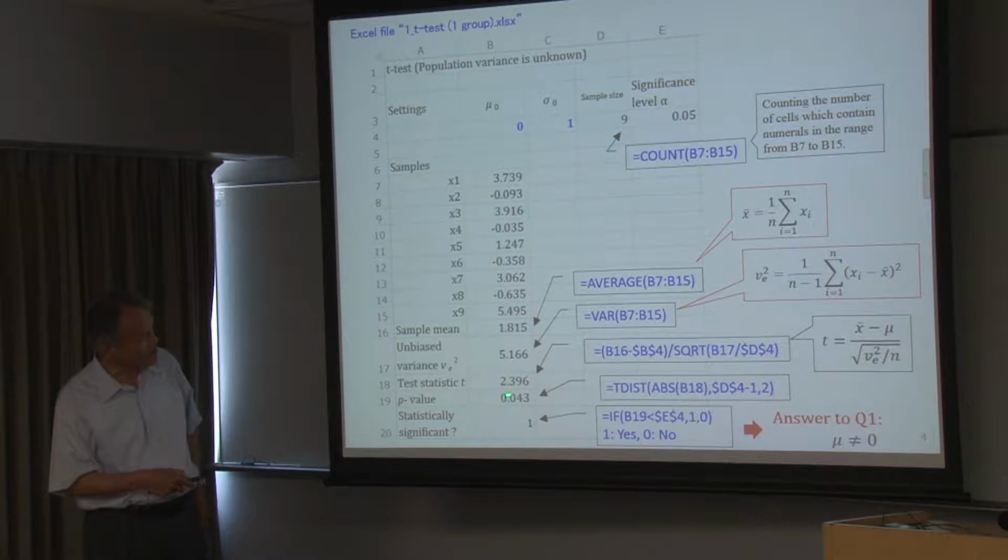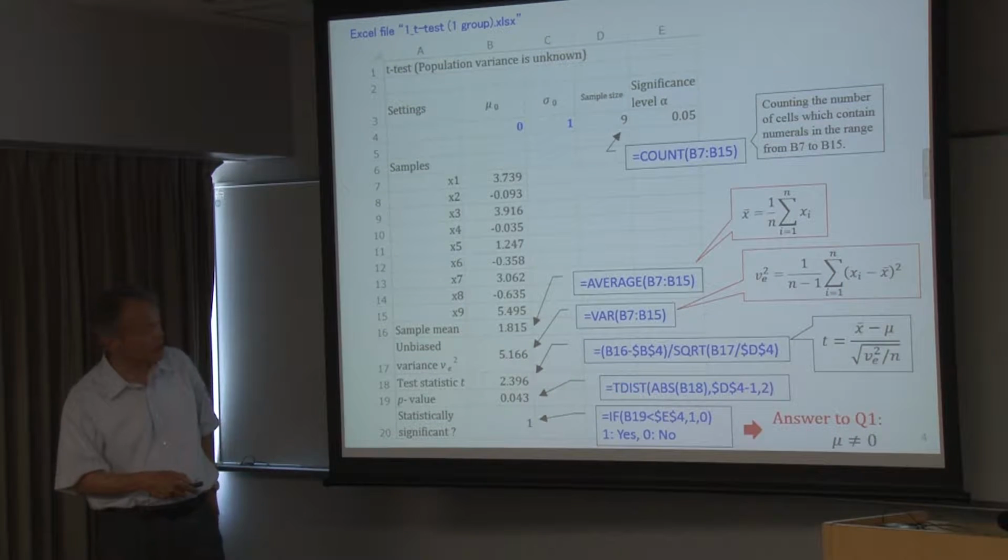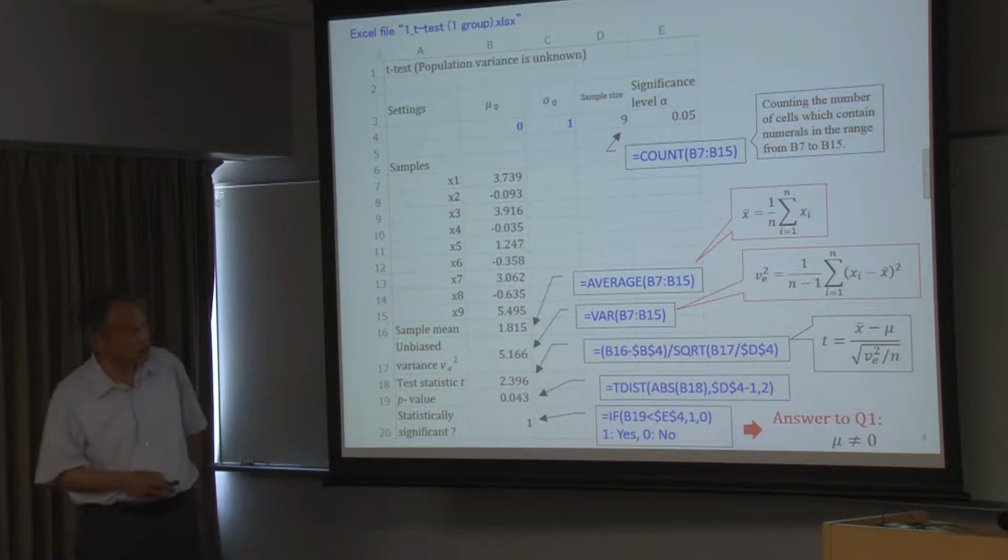And the p-value. Later I'll explain this function, the t-dist function, in more detail. And here the if function checks whether this p-value is statistically significant.